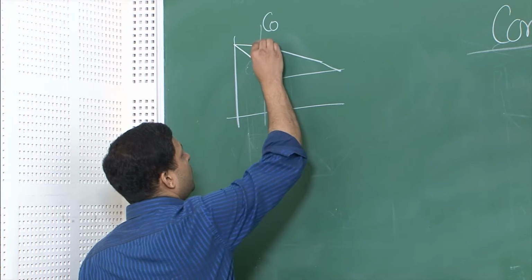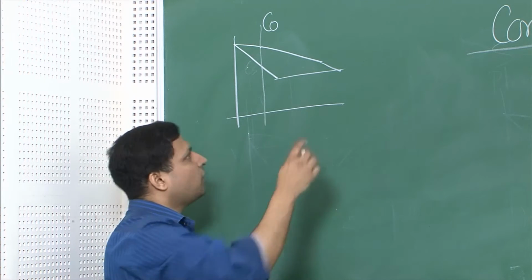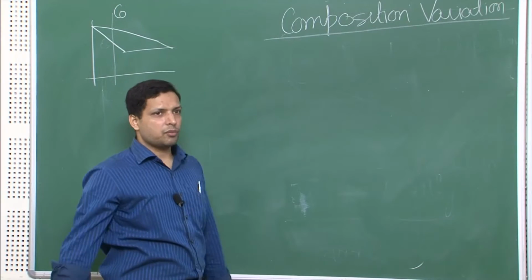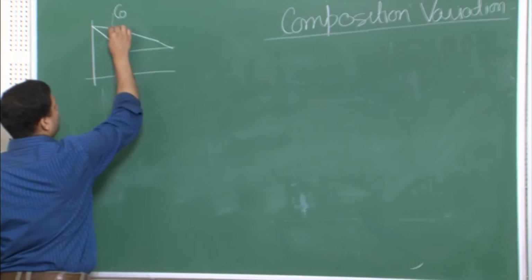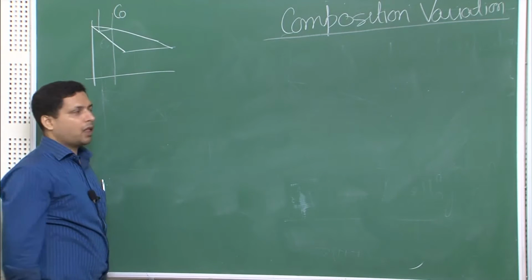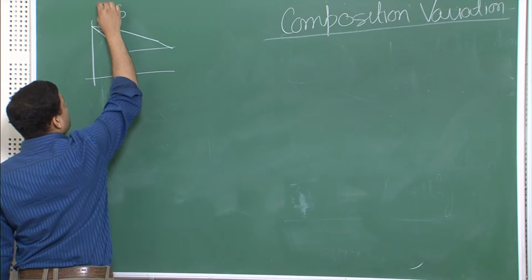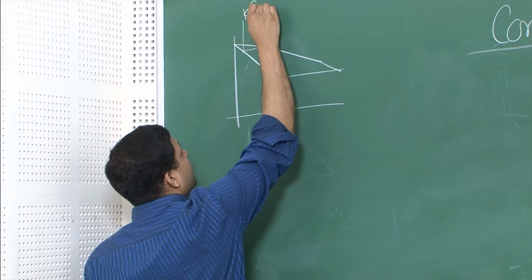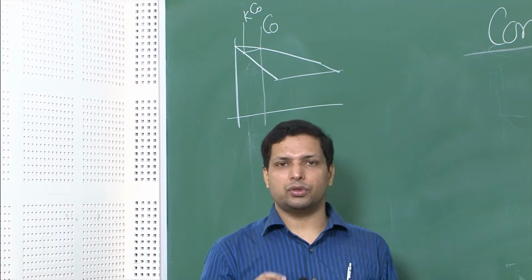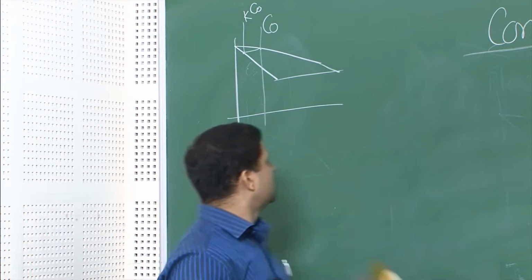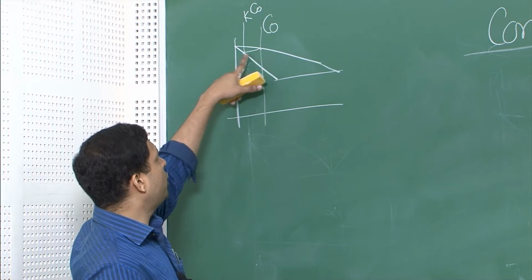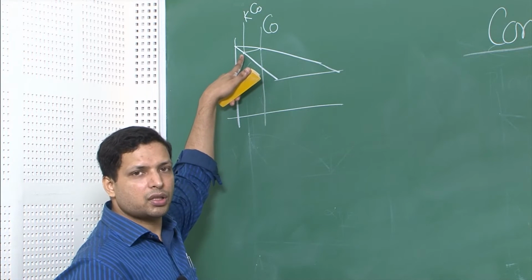At this particular point, when the first solid forms, the composition of that solid, according to our first assumption of equilibrium at the interface, will be equal to K C naught. The first solid that forms will always have the composition K C naught, because when the liquid comes to the liquidus temperature, at that point the solid will have the composition K C naught.